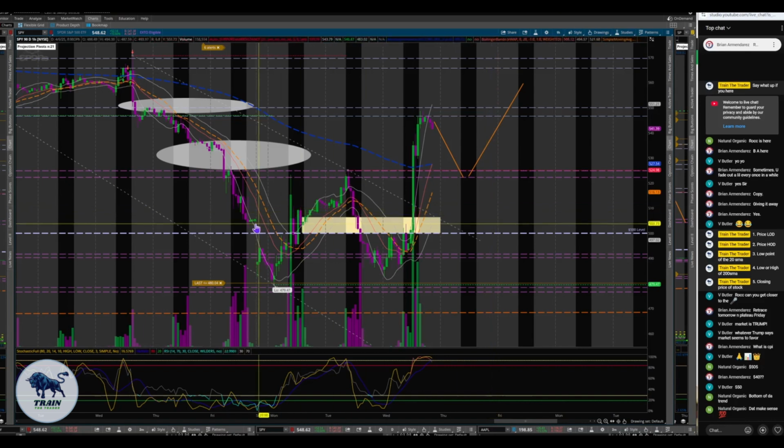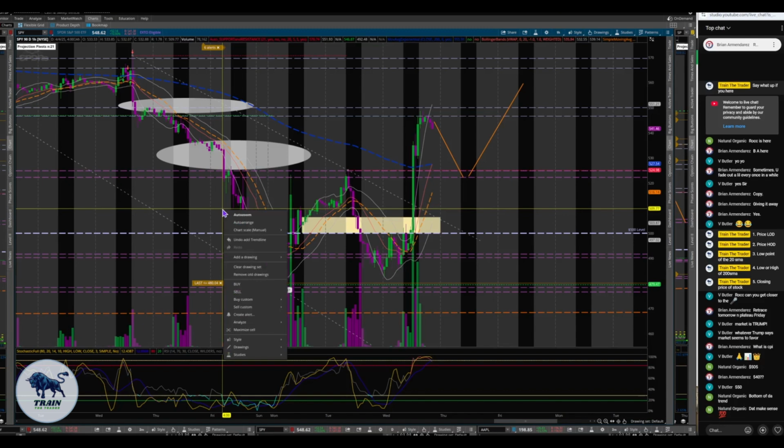510 on SPY. Okay, this level all the way down to 500 is a huge supply and demand zone. Huge supply and demand zone on SPY is 500 to 510.